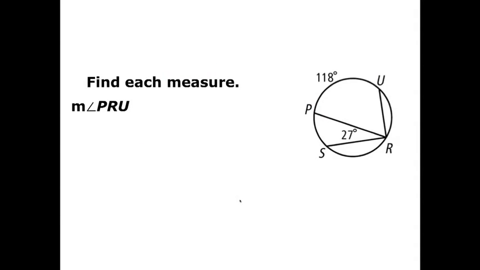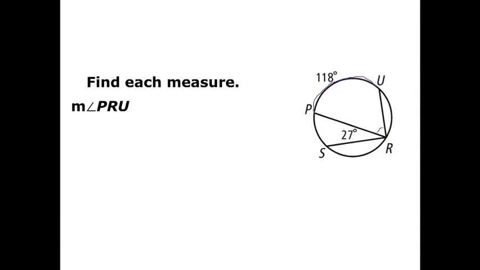So let's use that idea to find the measure of angle PRU. Now, PRU is this angle right here. What we should notice is that PRU is intercepting arc PU, which is this arc right here, all the way around, back over here to finish that.